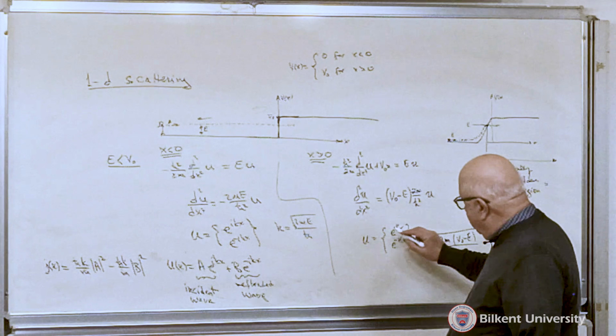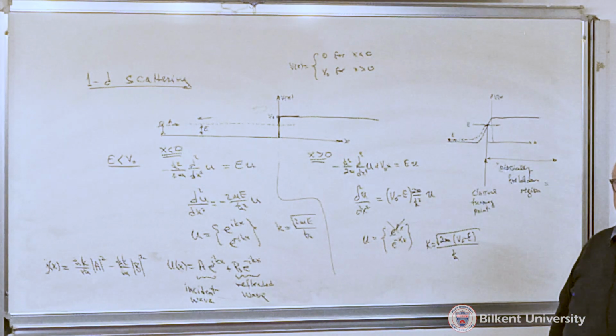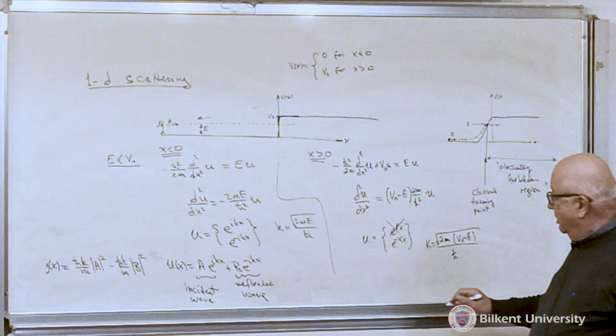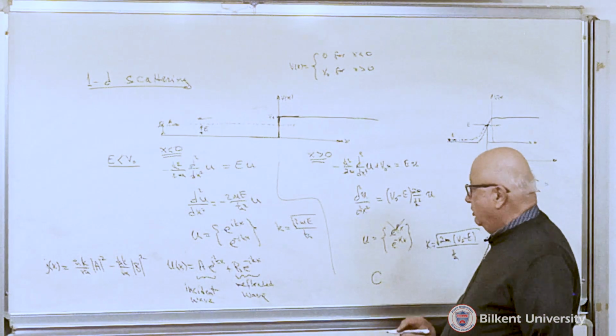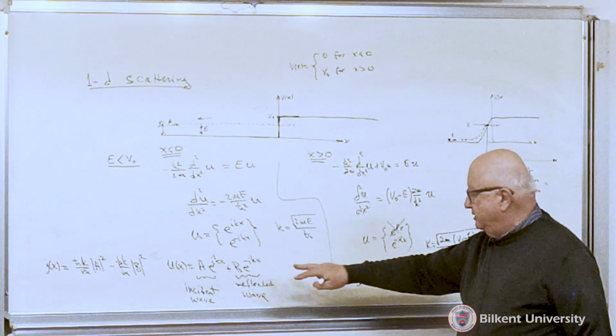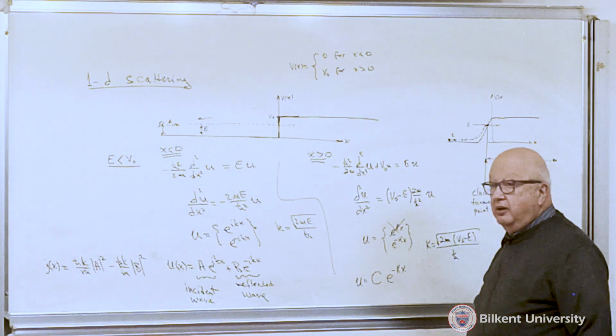So this solution is not valid. I throw that away. On the right-hand side, I have a solution where u is going to have a different constant, C e to the minus kx.